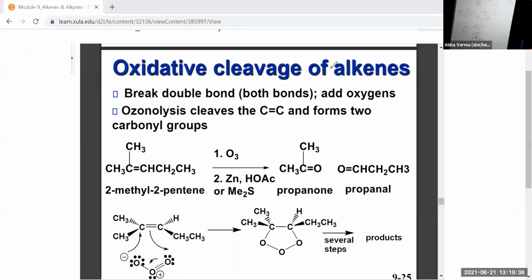So oxidative cleavage of alkenes. And this is what I want all of you to know. Oxidative. What does oxidation mean? Oxidation means when you are adding oxygen. But in the process, you are also reducing the number of carbons.